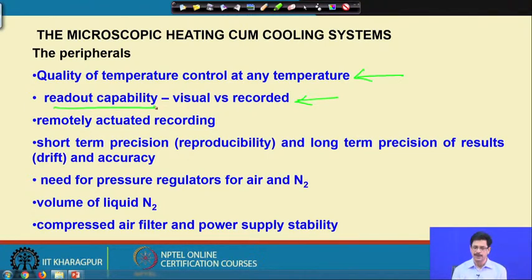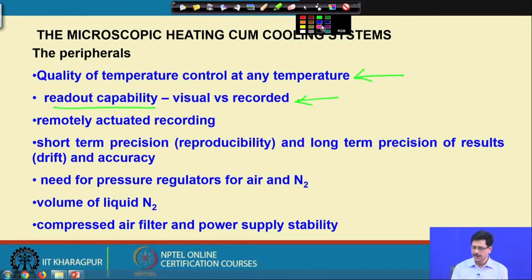This was also one of the important things, and there have been significant improvements in this area over the last decade, where there are now remotely operated or touchpad type systems, where the hot and cold stage can be operated for decreasing or increasing the temperature and the rate at which the temperature should change. Sometimes we can even go up to as low as these kinds of hot and cold stages.